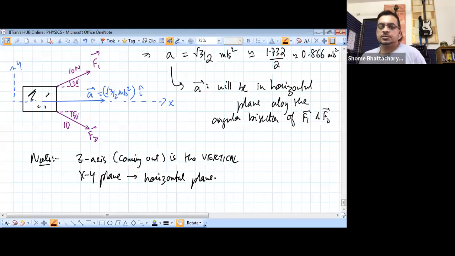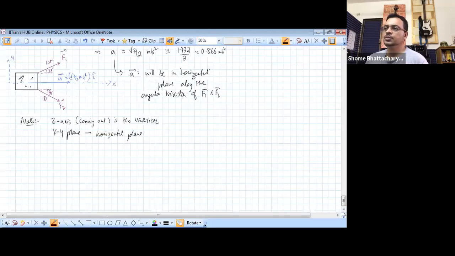Okay, now understood this? So these are examples, and different types of situations we need to understand. So it becomes a whole chapter in itself.